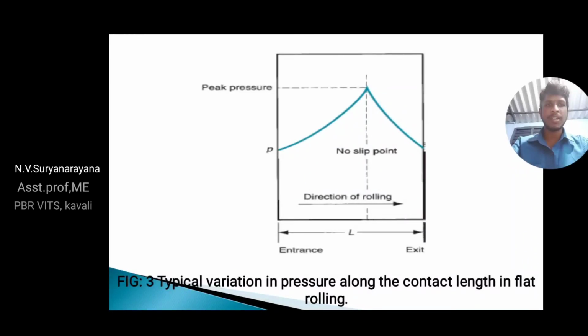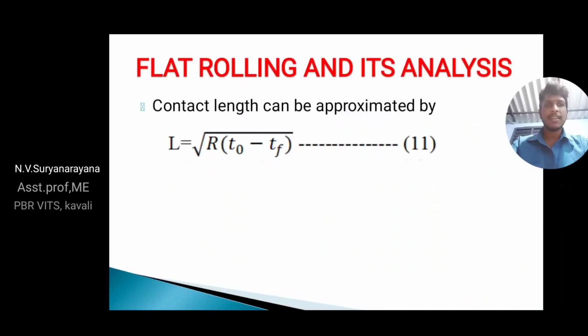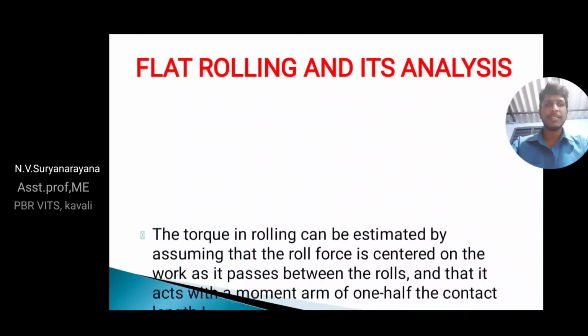The forward slip S equals Vf minus Vr divided by Vr. But here the no slip point occurs only at the neutral axis, that is the peak pressure. Next, contact length can be approximated by capital L equals square root of R, the roll radius, times (T0 minus Tf), that is expression 11.